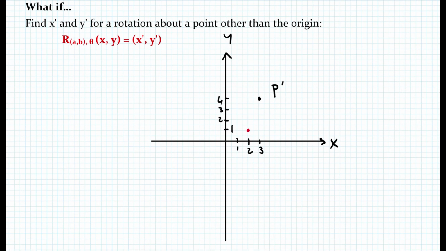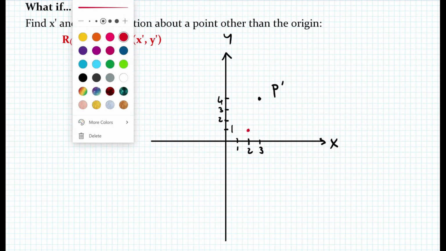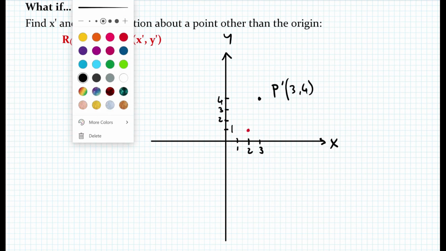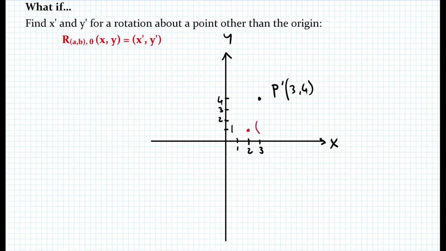Let's say I'm rotating this point P prime, and I picked an example here, for example, P prime to be (3, 4), which is the same point as we had previously, but now not over the origin. We're rotating that point P prime over this point, which I chose to be (2, 1).